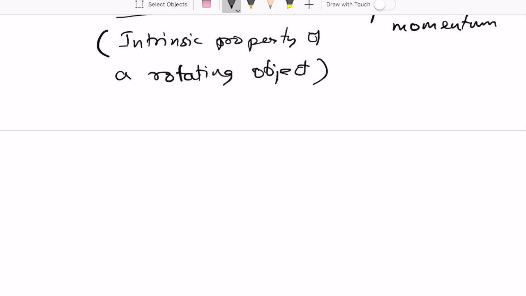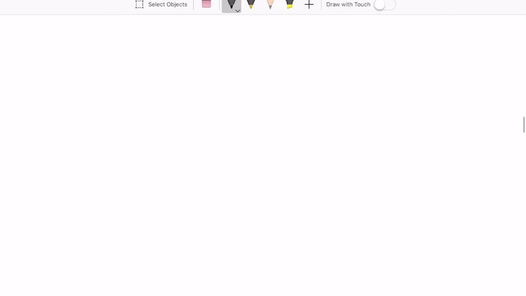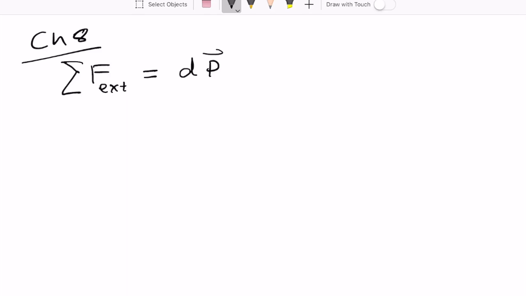All right. Next fact. Let me remind you of something from chapter 8. We had seen that the net external force is equal to the rate of change of total linear momentum of the system, right?